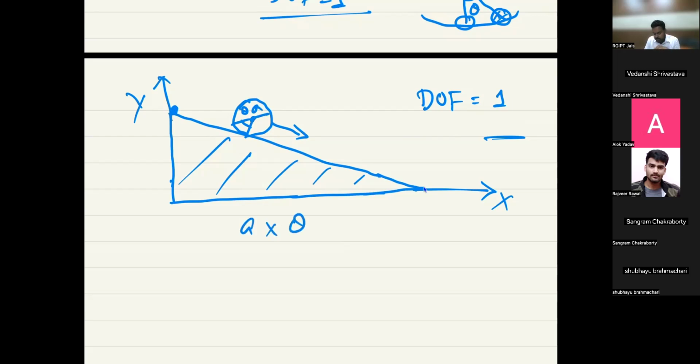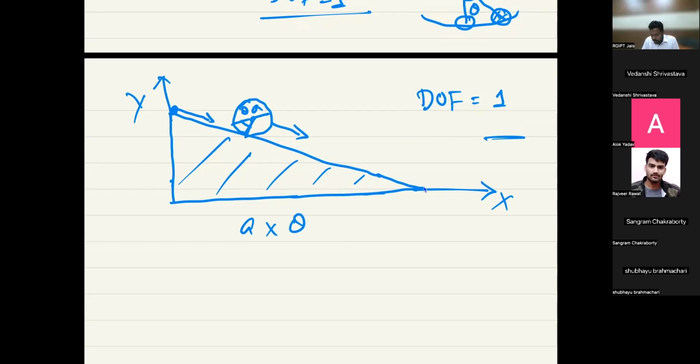So you don't need to independently know how far it has moved from the starting position. That is related to the angle with respect to the starting position. So these two are not independent, and your answer is correct that this has only 1 degree of freedom.